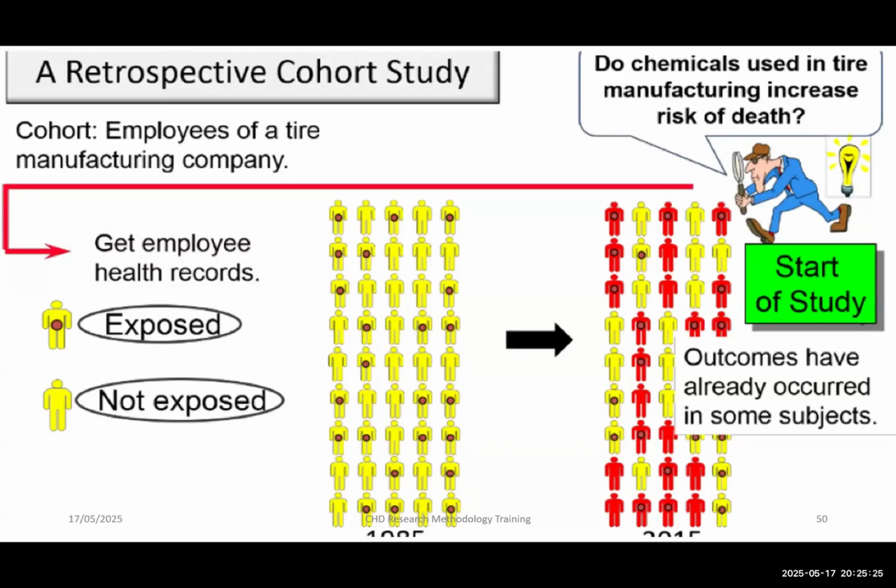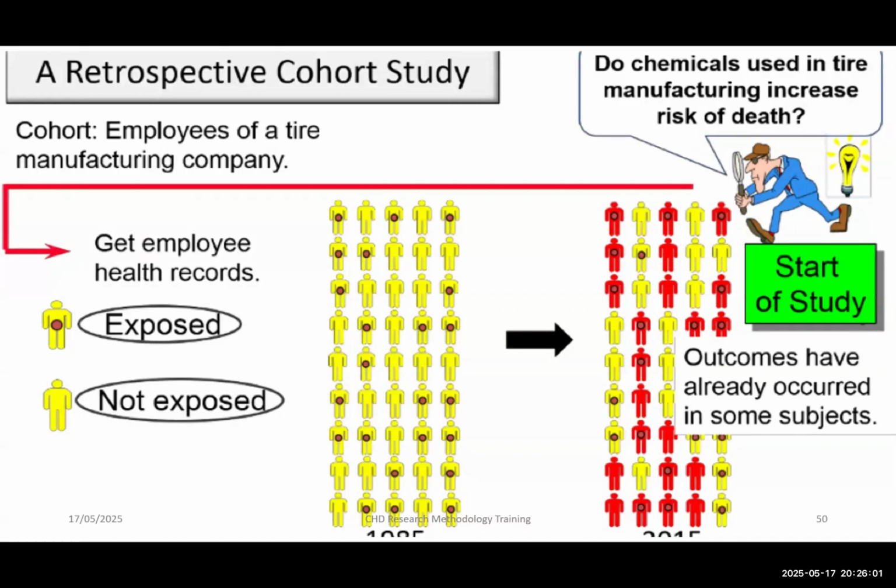You're going back in time, but you start from where one group is exposed and a group is not exposed, and then you follow them up in the records, because you're going to calculate incidence. If you go back 20 years, after 1 year you check how many people have developed the disease or died from this chemical. After 1 year, you check again. In year 2, you check again, because you calculate the incidence of the disease or the outcome measure in both exposed and unexposed.